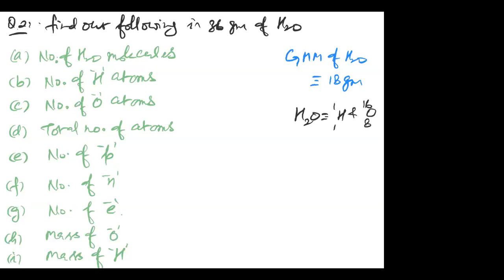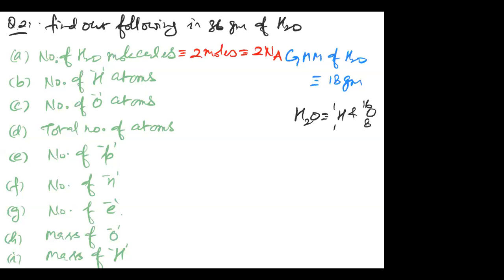And the number of water molecules, according to point 2, is 36 gram divided by the mass of 1 mole, and thus it should be 2 moles, or you can say 2Na. The number of water molecules should be equal to 2 moles or 2Na.